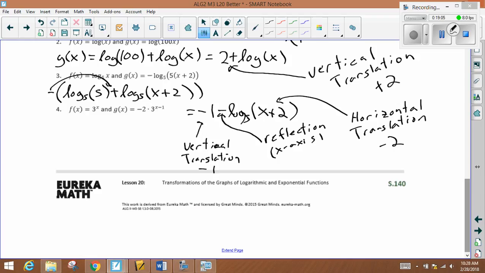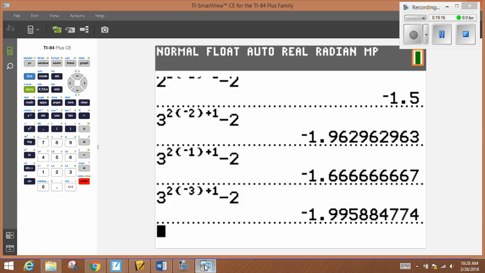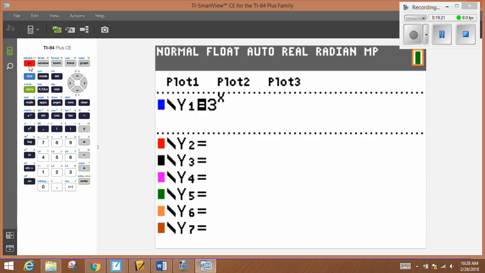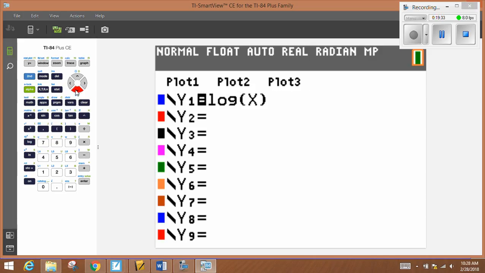What's that reflection across the axis? Let's look at it. You're having a question about that? If you have a question about what it does, go ahead and just graph that parent function, right? So we want to look at the difference between log of x and what happens if we put a negative sign in front, negative log of x.